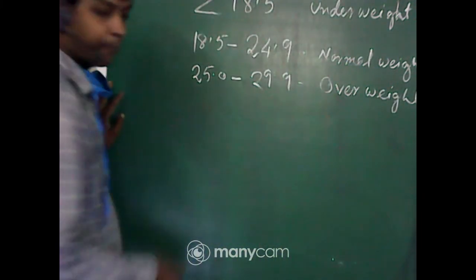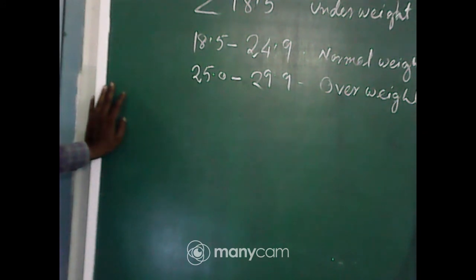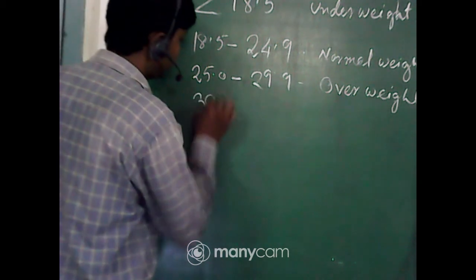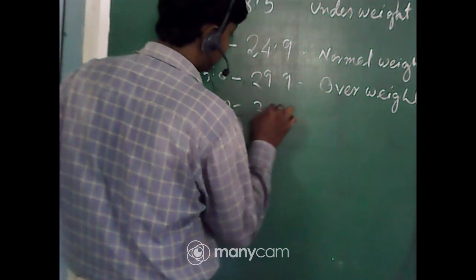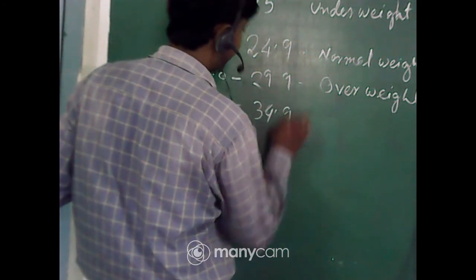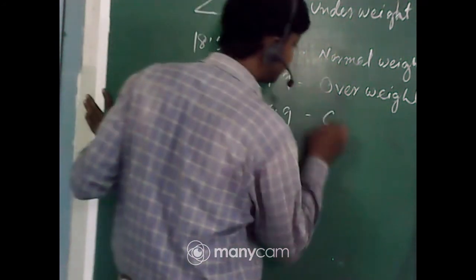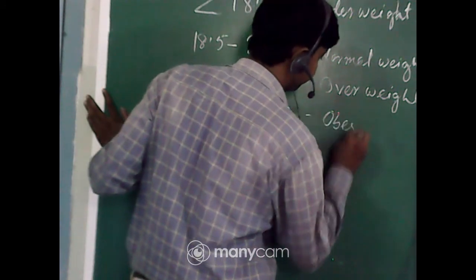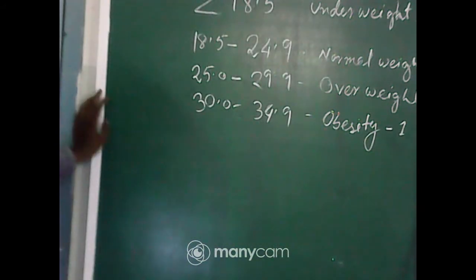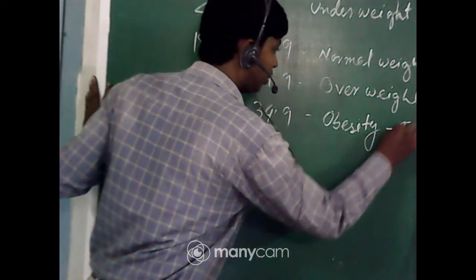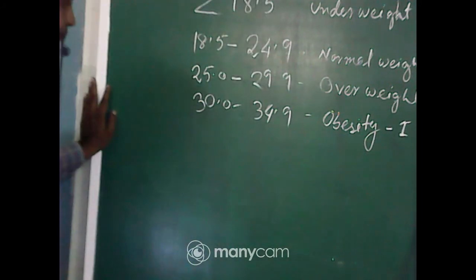Now fourth, 30 to 34.9, it's called obesity 1 or class 1 obesity.